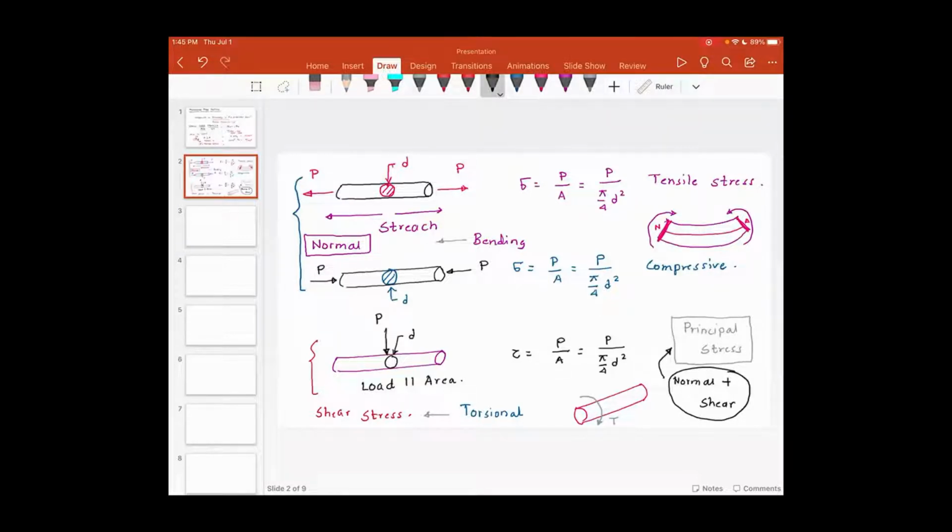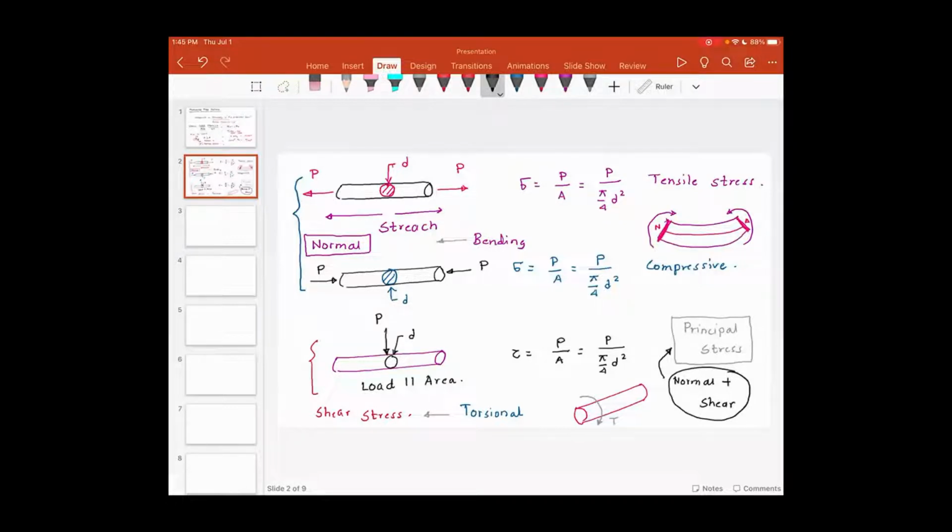So when you study principal stresses, fundamentally you have to understand that principal stresses come into existence because that component is simultaneously subjected to normal and shear stress. Principal stress cannot act in isolation.